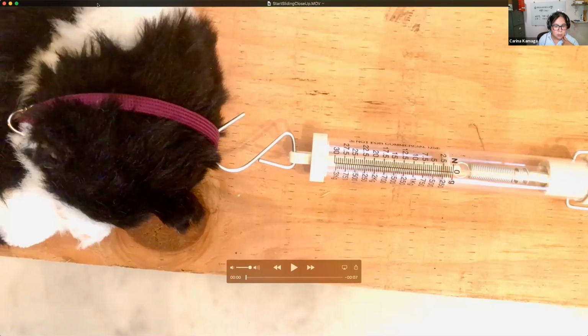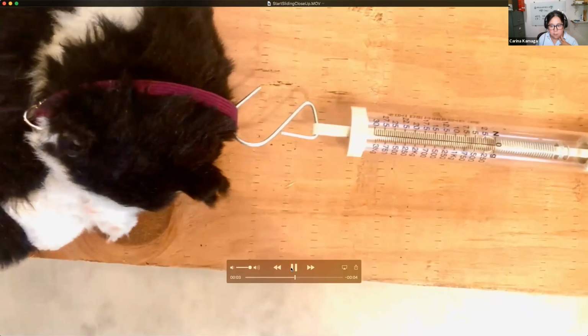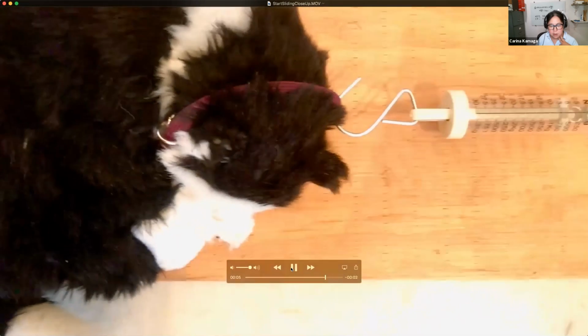This is the close-up view. Again, pay attention to the Newton. It says Newton, and that's what measures the force. So what's the magnitude when it starts sliding? One more time.